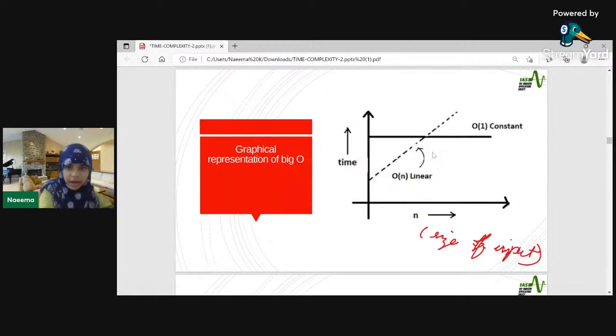Here, the straight line parallel to the x-axis represents constant time, meaning no matter what the size of input is or how many elements, the time taken to complete the task remains constant, meaning it does not depend on the size of input, and that's constant time. This dotted line represents linear time, meaning it is proportional to the size of input. As the size of input grows, so does the time taken to complete the task.